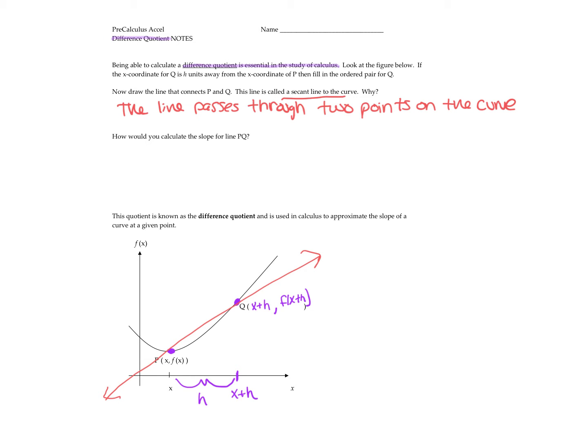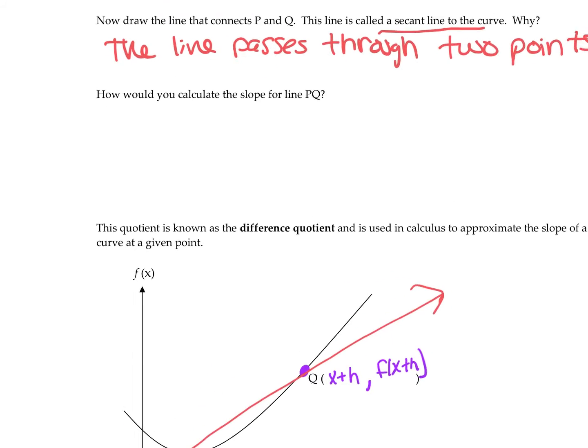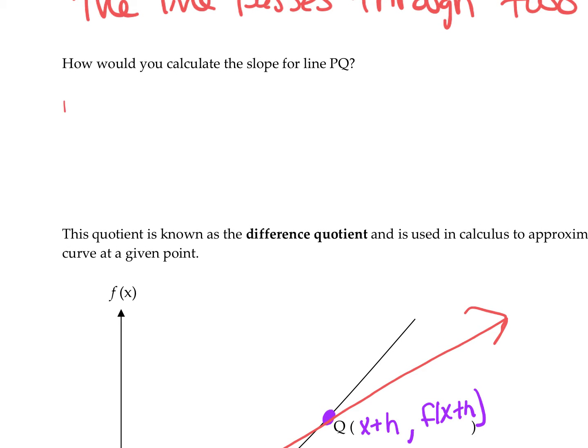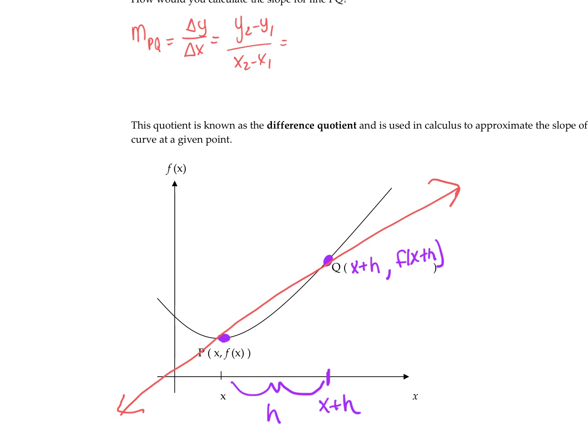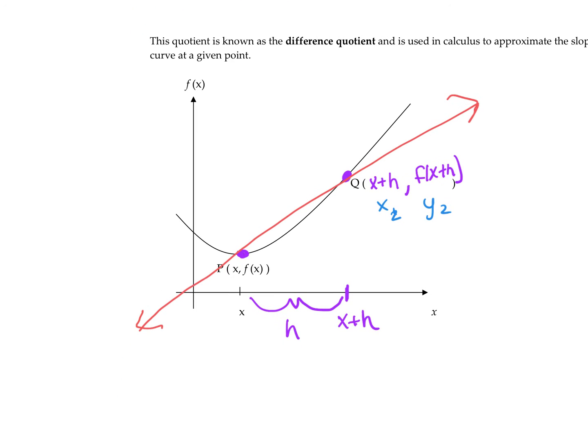So if we were going to find the slope of line PQ, we would think about our slope formula. The slope, or the m, of PQ would equal the change in y over the change in x, which is y2 minus y1 over x2 minus x1. So if I go back to my graph, I am going to label my Q as x2, y2 and my P as x1, y1.